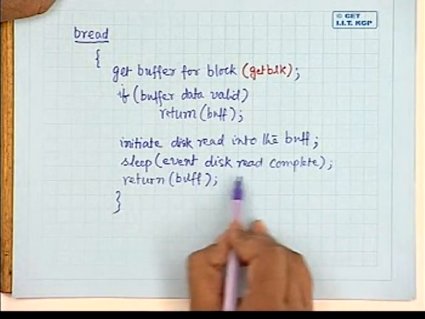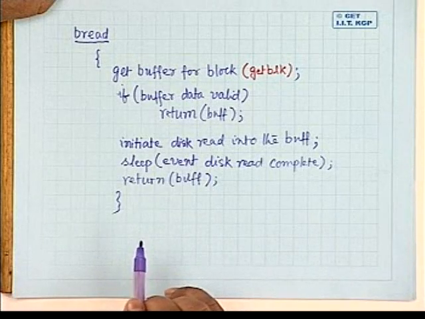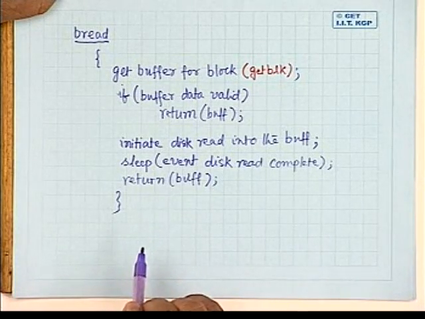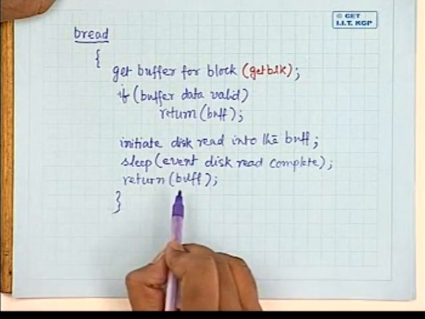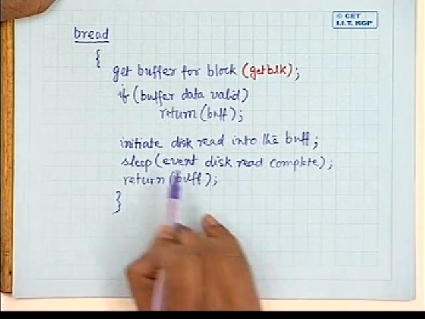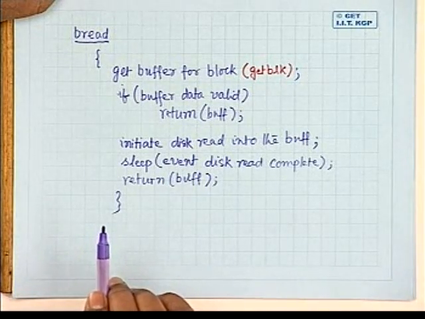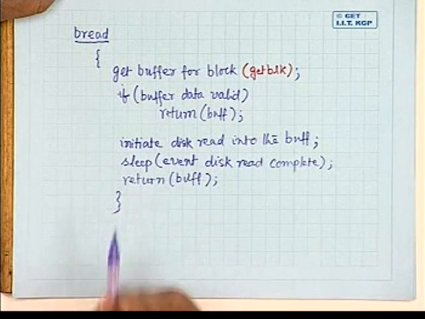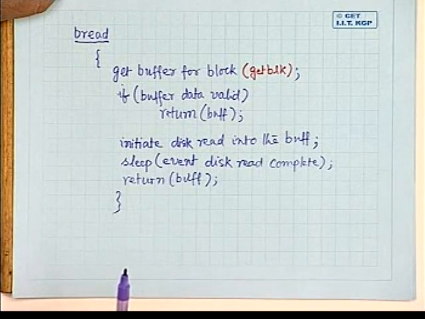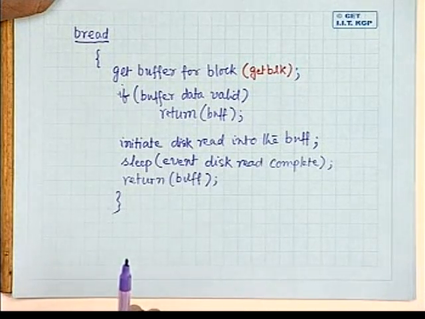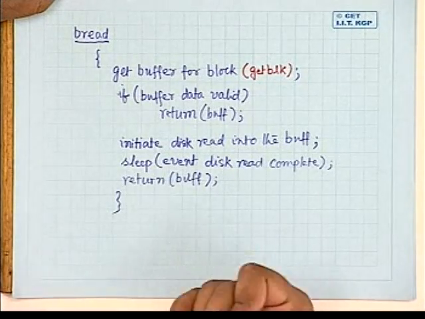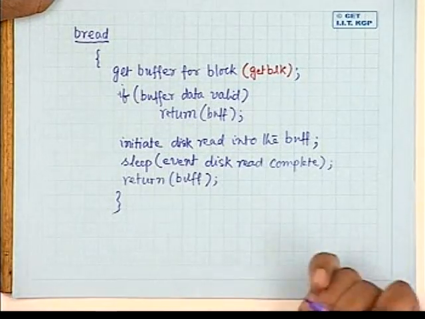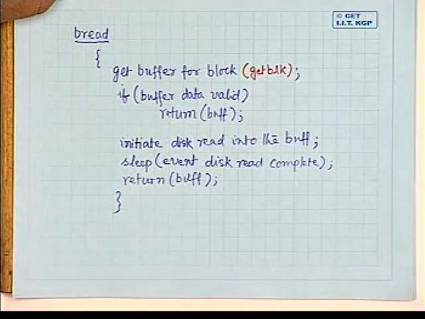The first block read has to be synchronous. The second one may be asynchronous, because the process has to wait until the first data is read into the buffer, but it need not wait for the second block. So when the process needs the second block, hopefully it will be available because of that asynchronous read operation that is already initiated.